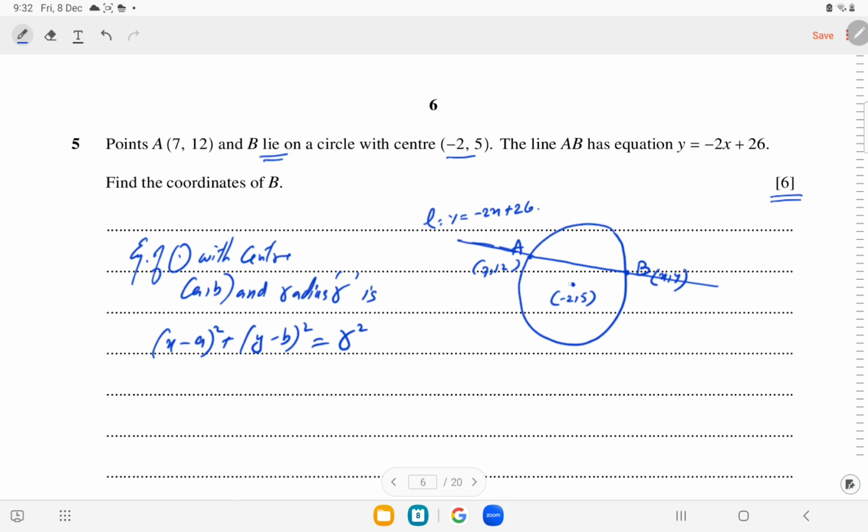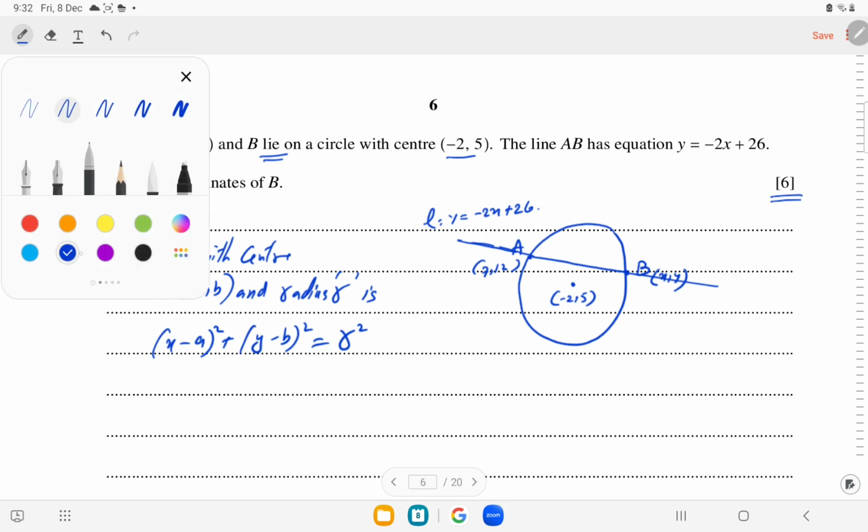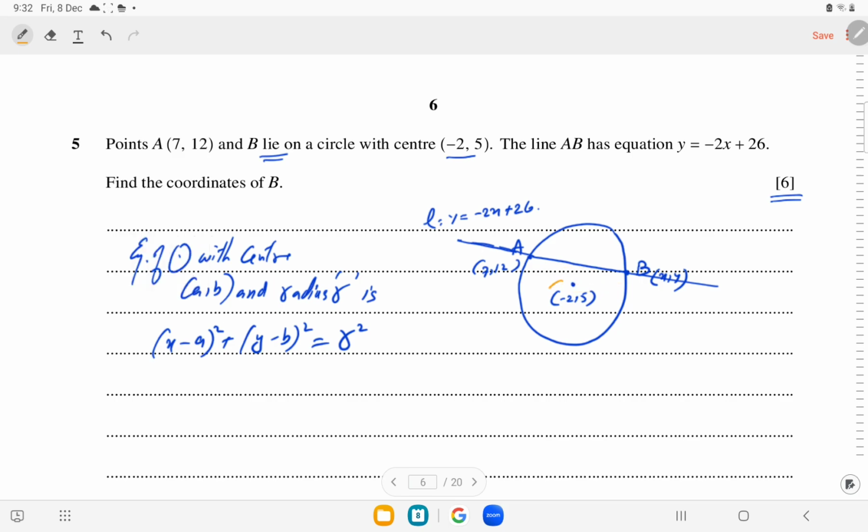For r, we need to get the distance between point A and this center C. This will give you r. So again, we'll go for the length formula, that is square root of (x2 minus x1) square plus (y2 minus y1) square.